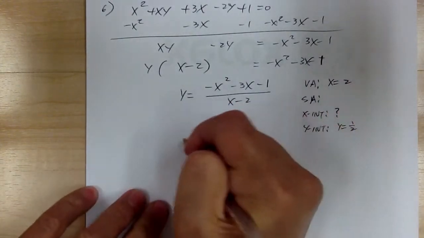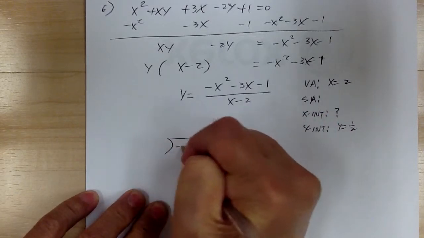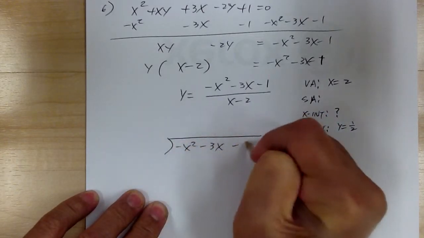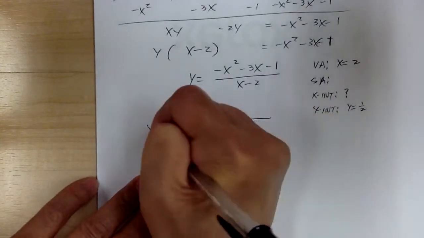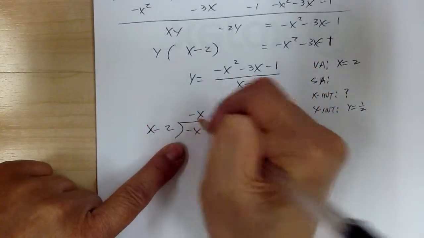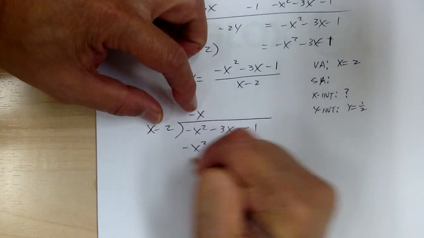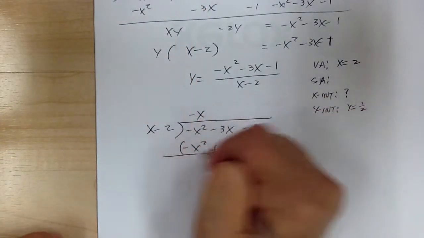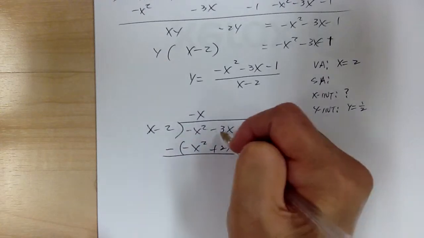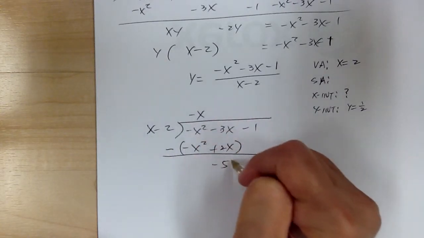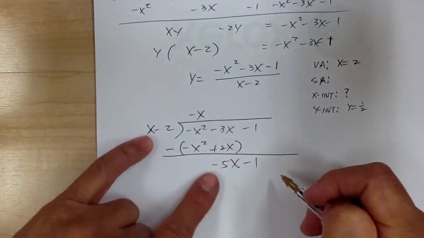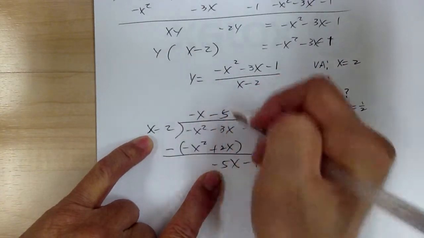Now to figure out the slant asymptote, you have to do the long division. You're going to get negative x. Multiply, you get negative x squared plus 2x. Draw the line, put parentheses, subtract. So negative 3 minus 2 gives you negative 5. Drop, so you need minus 5.